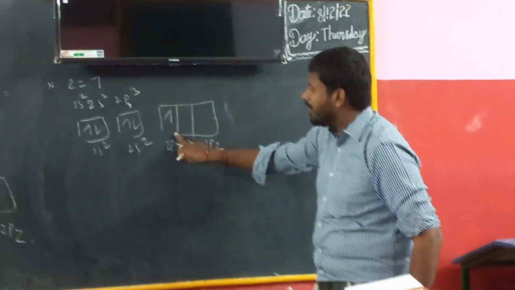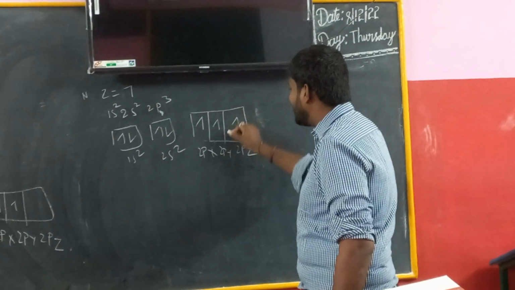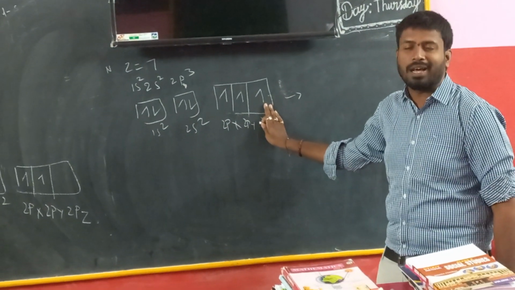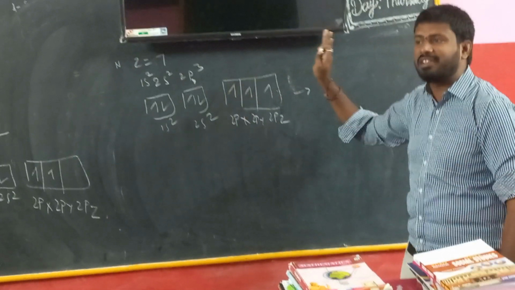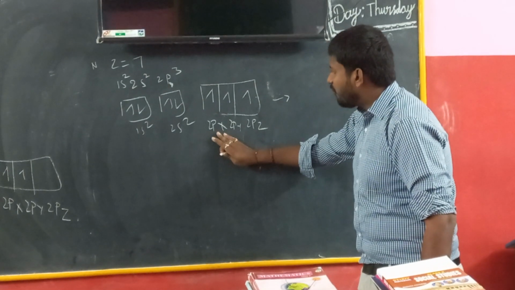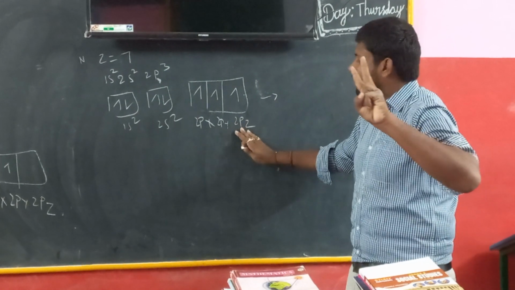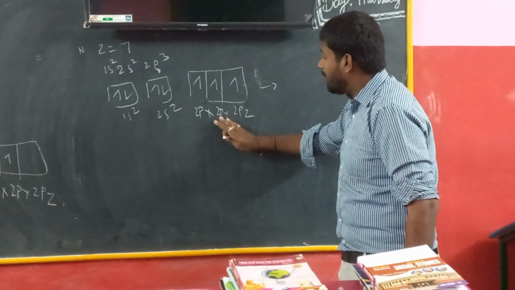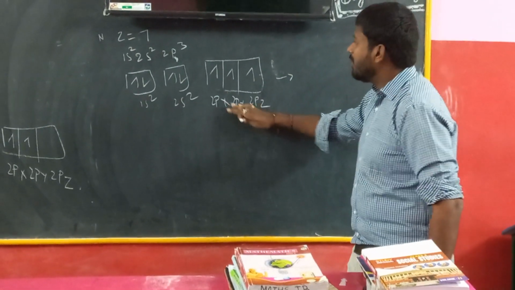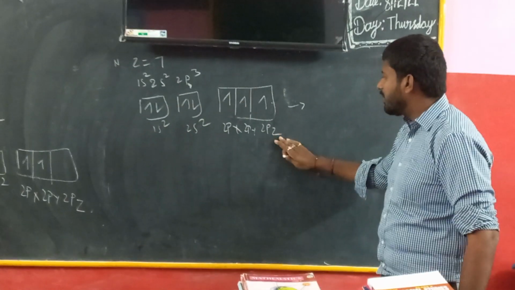The next electron will not go into 2px; it goes into 2py, then 2pz. These kinds of orbitals are called degenerate orbitals, orbitals having the same energy levels. 2px, 2py and 2pz can each accommodate 2 electrons, but the electrons do not completely fill 2px and then 2py. First they fill 2px, then 2py, then 2pz.